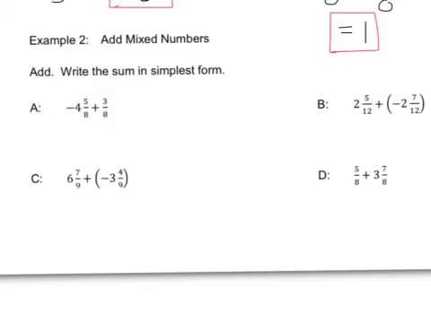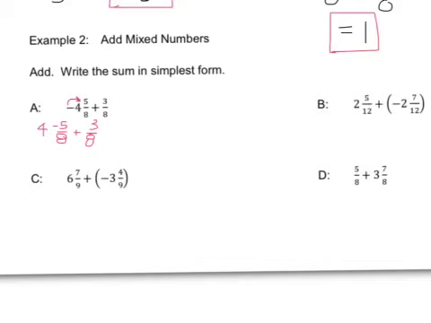You have the option now to just keep them. Since we have a negative sign in front of this 4, we're just going to give that to the 5/8. So really we have 4 and negative 5/8 plus 3/8. Doesn't matter where that negative sign is as long as it stays with the 4 and 5/8 somewhere.